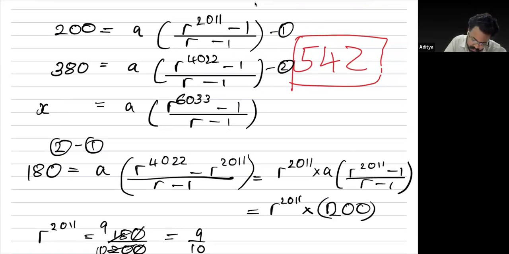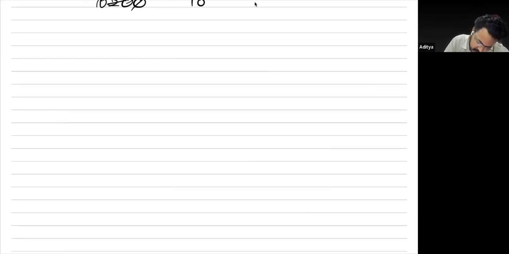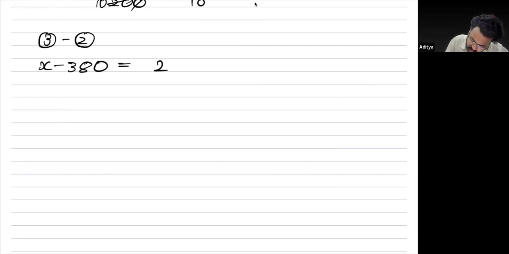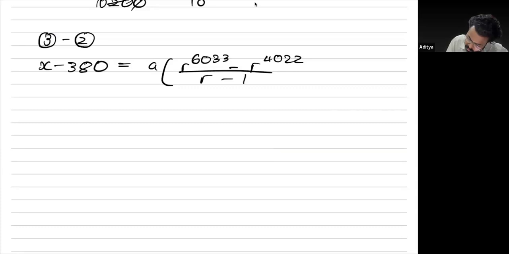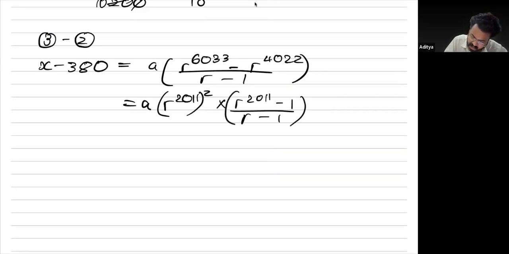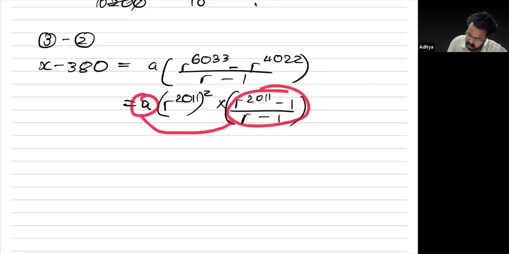So the difference between equation 3 and 2 will also reveal something interesting. 3 minus 2 will give you x minus 380, and that will be a times r to the power 6033 minus r to the power 4022 upon r minus 1, and that is a r to the power 2011 the whole square times r to the power 2011 minus 1 upon r minus 1, and this put together is 200.